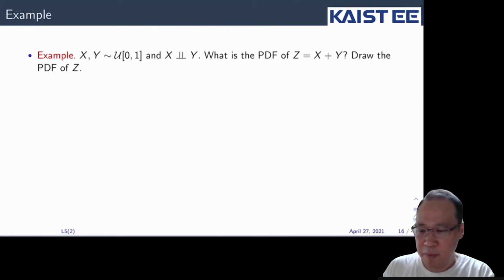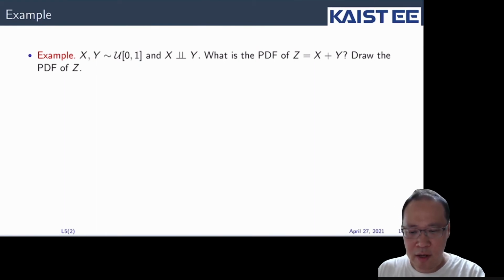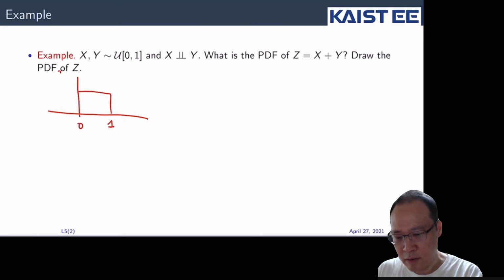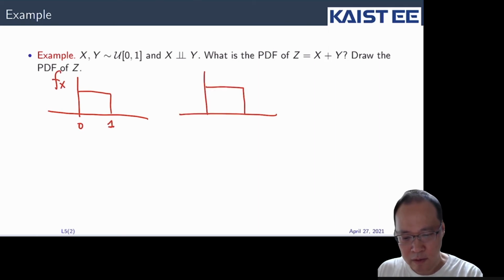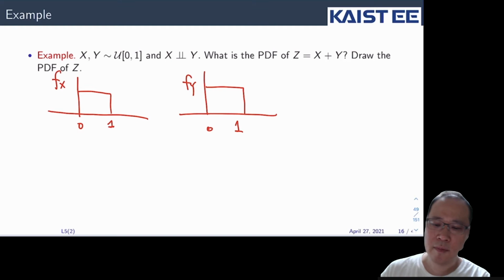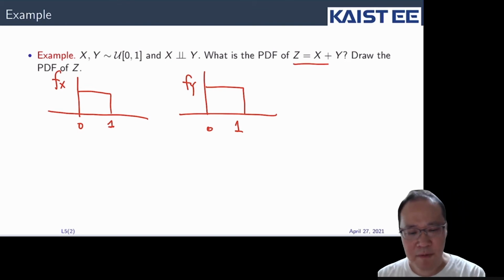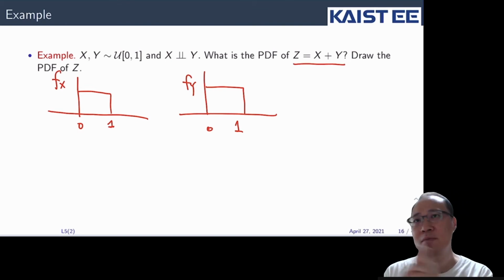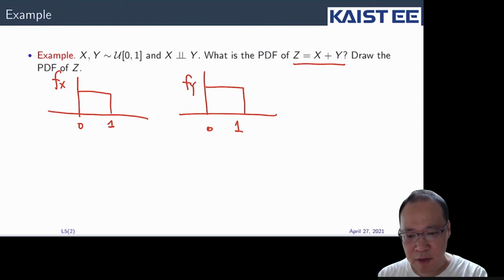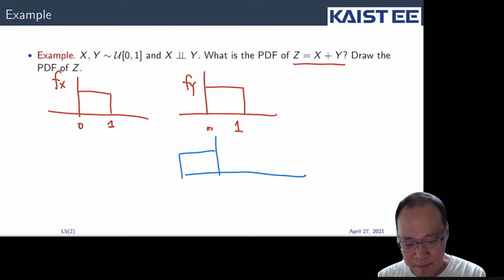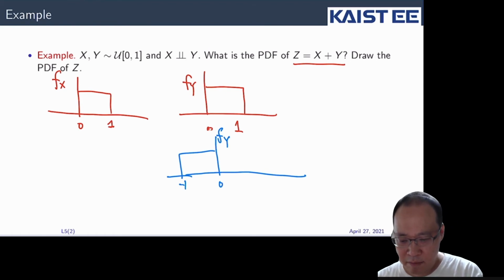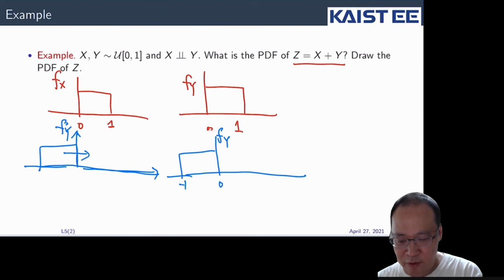As an example, suppose that we have two uniform random variables, okay, and what is the PDF of Z? This is almost the same as the previous animation, right? Because what we first do is, first we do the flipping, and then place here and move this in the right direction.